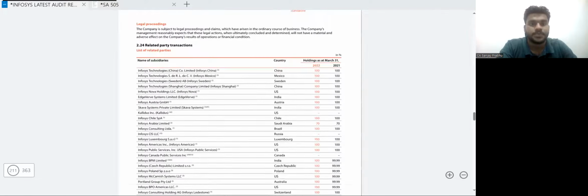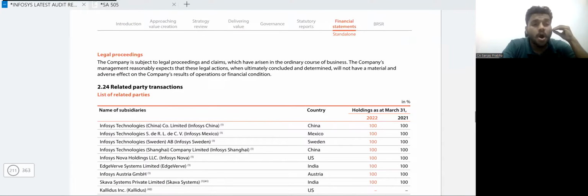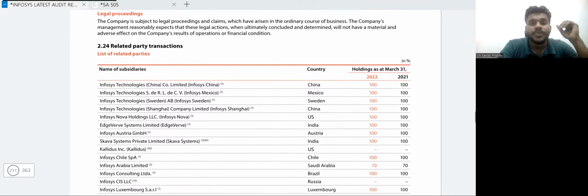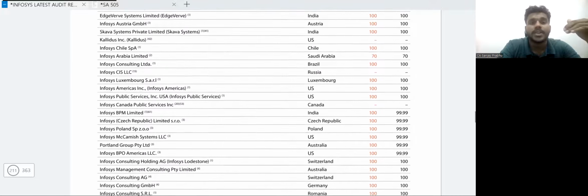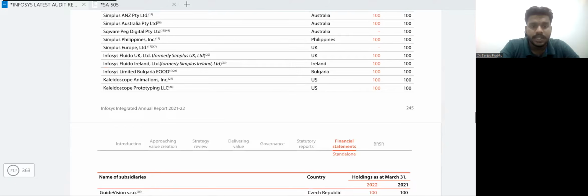See here, related party transactions. Infosys has provided the list of all the related parties they were having. If I'm not wrong, this is the latest annual report of Infosys. They have provided the details of all the related parties they were having. Can you see this?